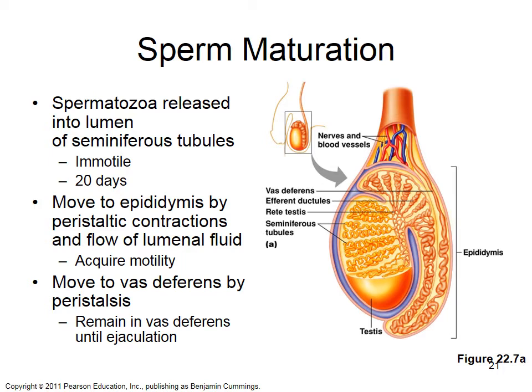And at this point, they're going to attain motility. And then they're just going to hang out in the vas deferens. Again, they move there due to peristalsis of smooth muscle until ejaculation.